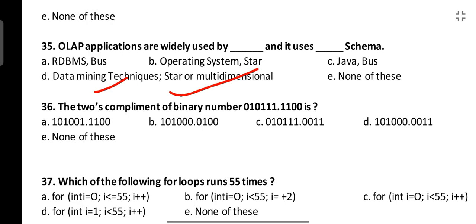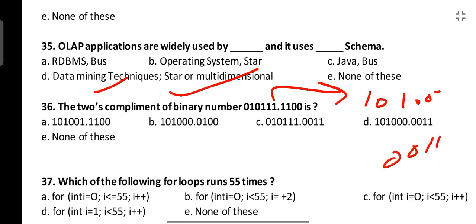So next question is the 2's complement of a binary number. We need to get the 2's complement for this, which is very easy. What we have to do for 2's complement, first make this a 1's complement: convert all 0 to 1, 1 to 0. So 1 0 1 0 0 0 dot, here will be 0 0 1 1, and now we have to add 1 here.